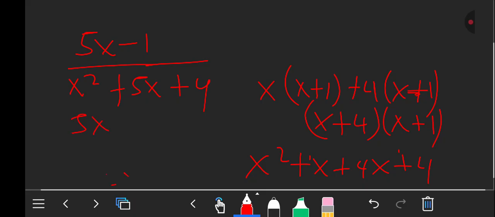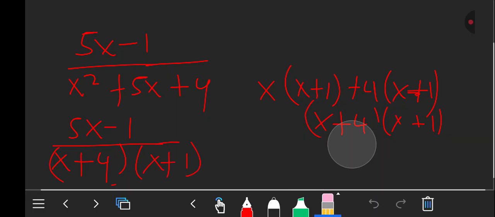So it will be 5x minus 1 over (x plus 4)(x plus 1), like that.